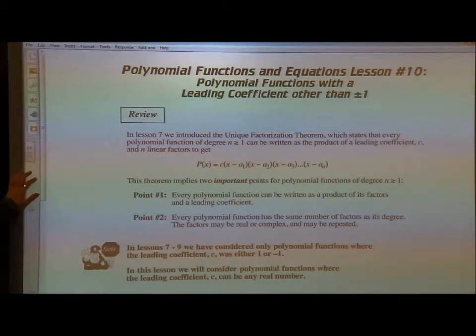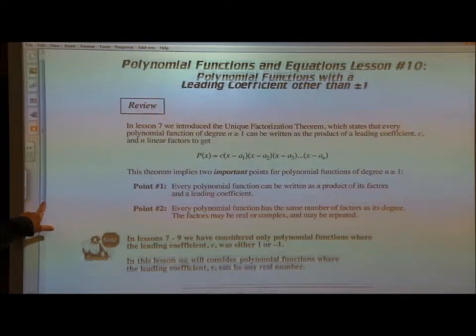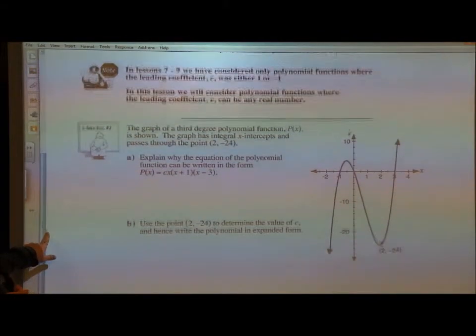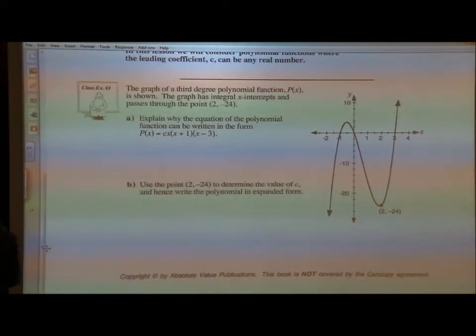The factors could be real, they could be complex, and they can be repeated. Complex means that it's a non-real factor. So in lessons 7 to 9, we looked at polynomial functions where the leading coefficient was a positive or negative 1. This time we look for leading coefficients that could be any real number.